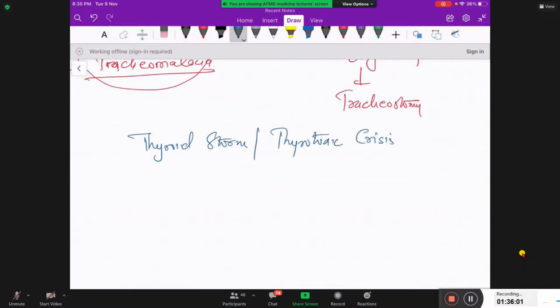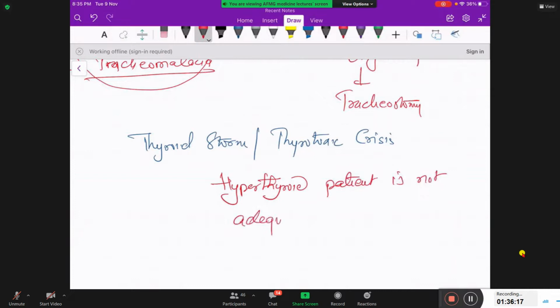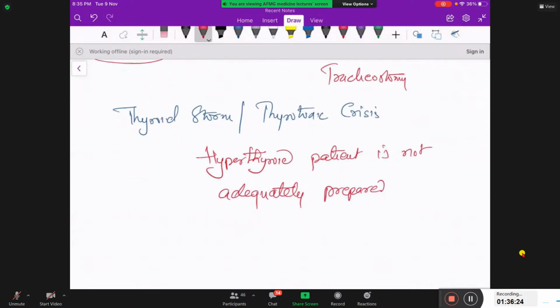Thyroid storm or thyrotoxic crisis happens when a hyperthyroid patient is not adequately prepared before any surgery or only thyroid surgery.